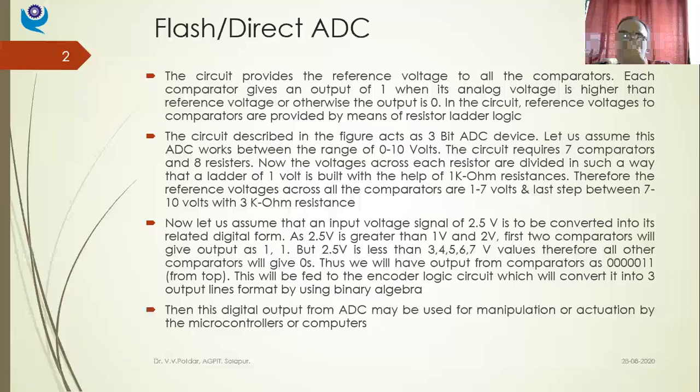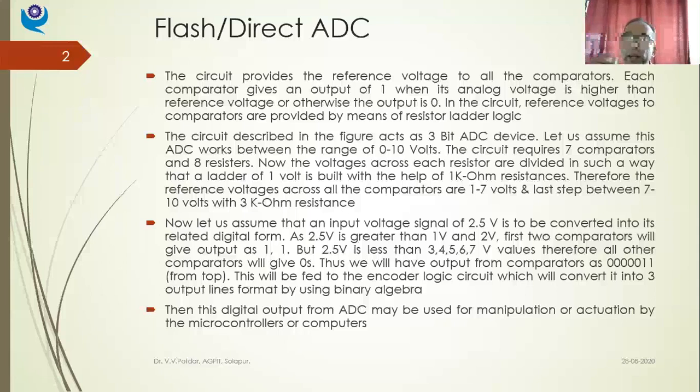But 2.5 volt is less than the 3, 4, 5, 6, 7, 10 volt values. Therefore, all other comparators will give zeros. So coming to the most significant digits, it will be 0, 0, 0, 0. Thus, we have the output from the comparators as 0, 0, 0, 0, 0, 1, 1 from top, that is from left, from the top of the resistance ladder.